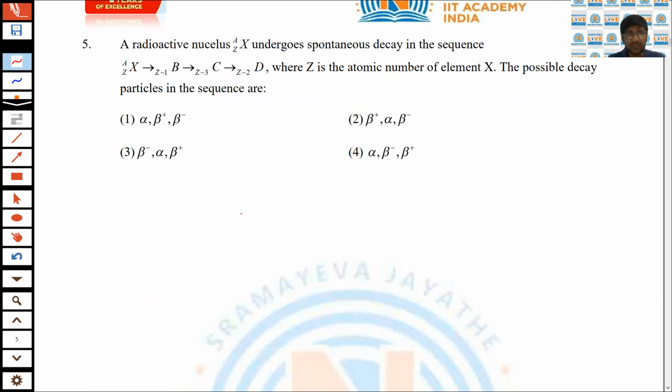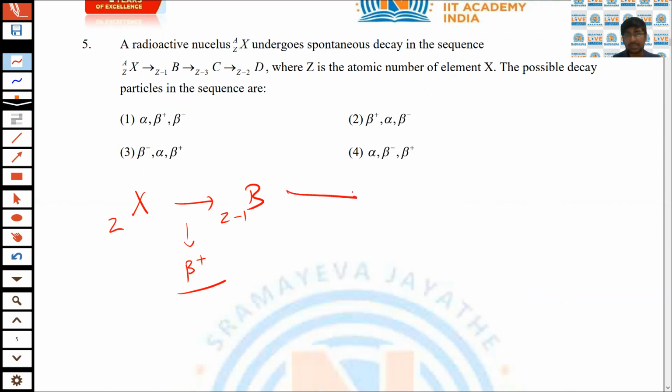The possible decay particles in the sequence are: in the process X to B, which makes the atomic number decrease by 1, it is definitely a beta positive particle, which means a positron is being emitted from the nuclei. That gives us beta plus decay.